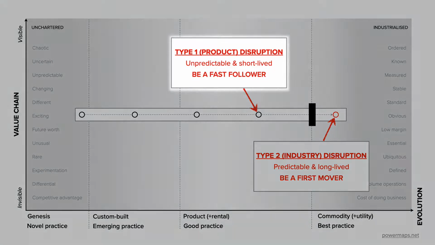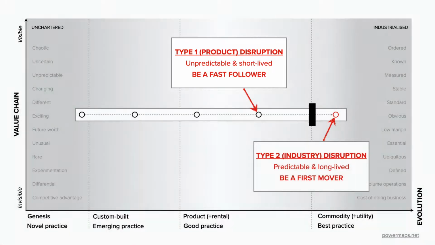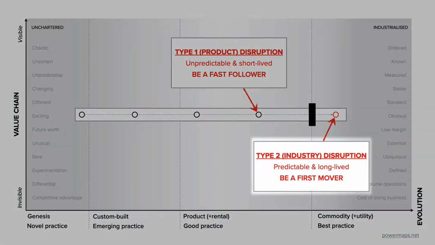Don't try and predict Type 1 disruption. It's unpredictable, but it's also short-lived. If a rival releases an improved product, then learn to be a fast follower so you can quickly release your own version and negate any benefits they may have gained. But you can predict Type 2 disruption through weak signals, and these advantages are long-lived.